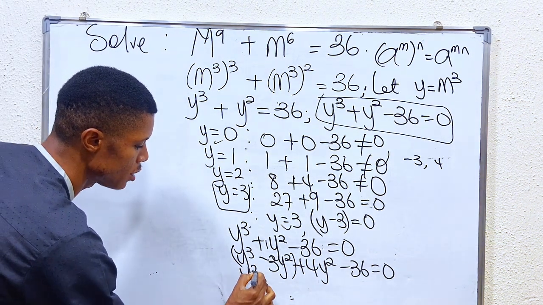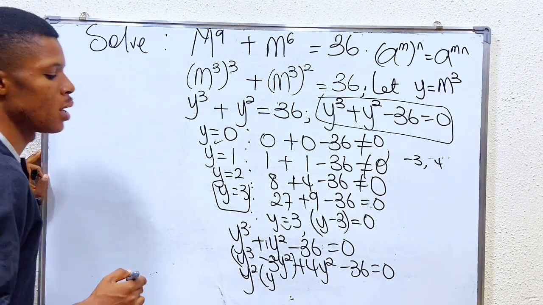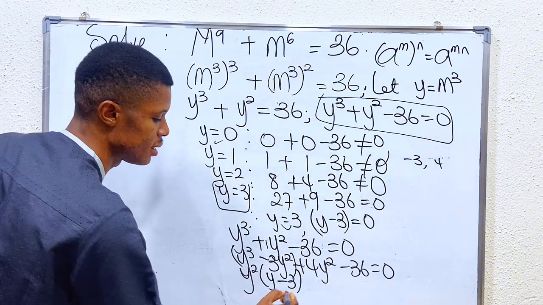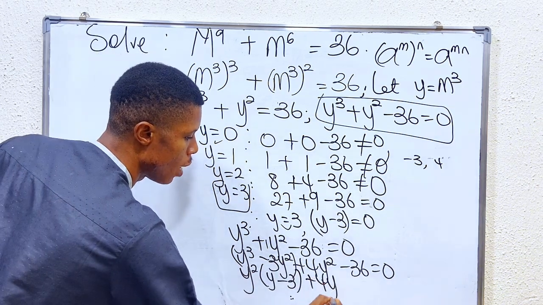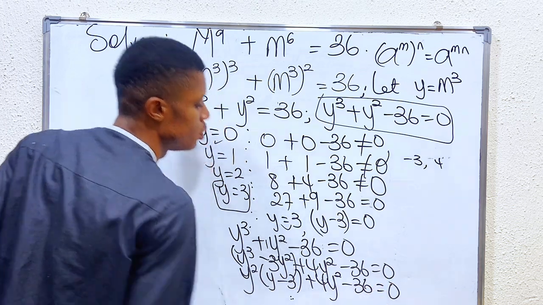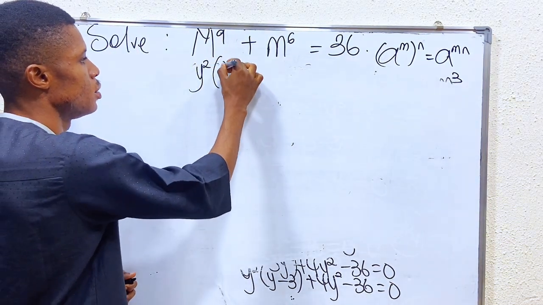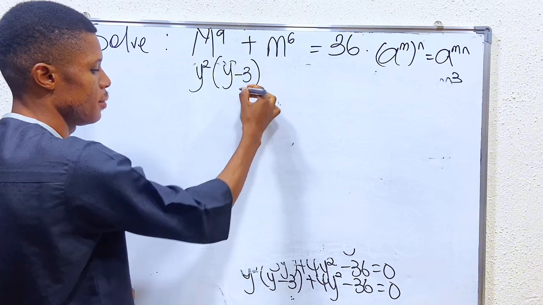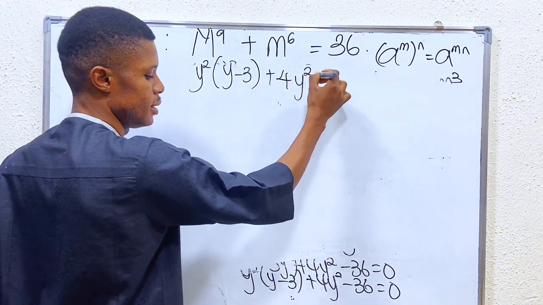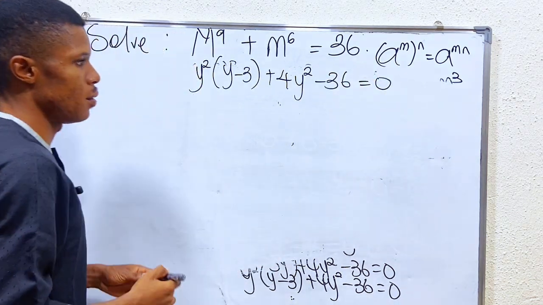We have y squared into what's remaining here, y, then minus 3 into the already existing term, plus 4y squared minus 36 equal to 0.